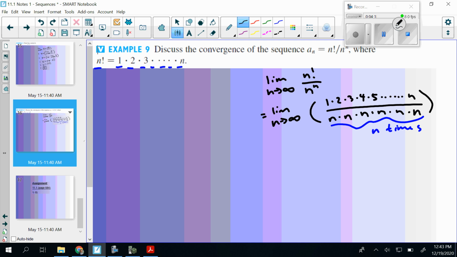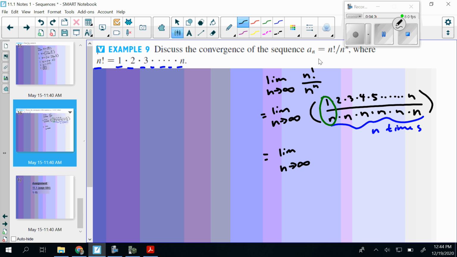So what is this going to be approaching as we go to infinity? Well, one way you can look at this is to use some of those multiplication properties, since we're multiplying here. I'm just going to take this first one out.